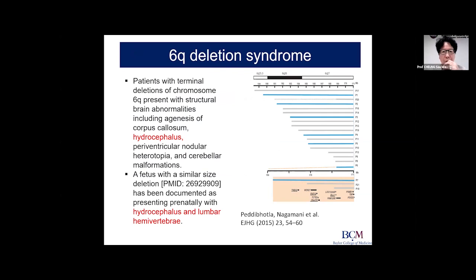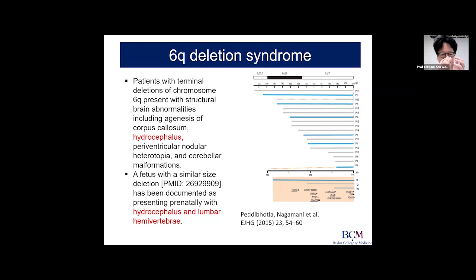And so when we go back to study patients with this deletion, it turns out that we also wrote a paper on this, that patients with the terminal deletion of 6q would present with structural brain abnormality, including agenesis of corpus callosum and hydrocephalus.